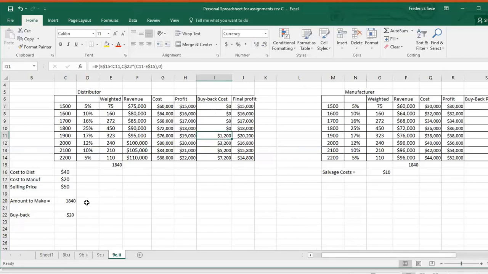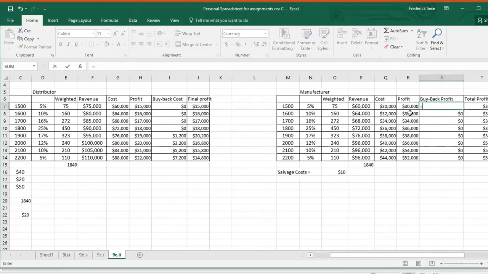So in a buyback of 20, the distributor is saying, hey, tell you what, for every unit that you build that we do not purchase to sell to a customer, we will go ahead and buy back from you for so much money. We're going to help you recoup your costs. So what I can do is this will do equal, because buyback is going to be the same.